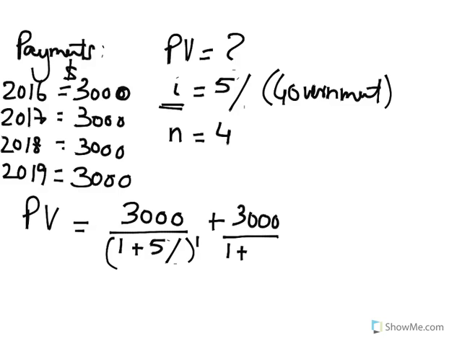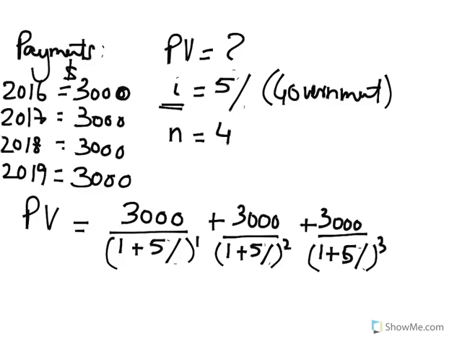Therefore, the present value is 3,000 divided by 1 plus the 5% to the power of 2. Our third one is going to be $3,000 divided by 1 plus the 5% to the power of 3, plus the $3,000 divided by 1 plus 5% to the power of 4. That's it. As simple as that. We do the calculations, we add those up, and we're done.